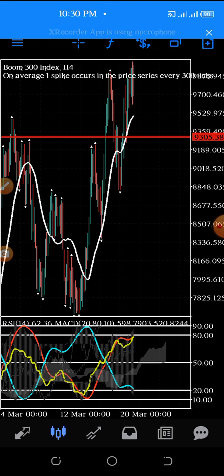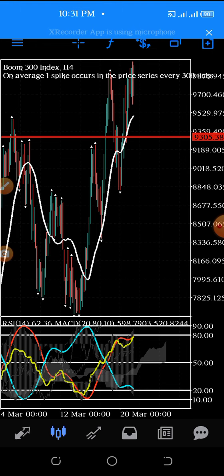Is it trending or ranging or consolidating? What is the market doing? Is the market trending? That is either uptrend or downtrend. Is the market ranging or consolidating or choppy?